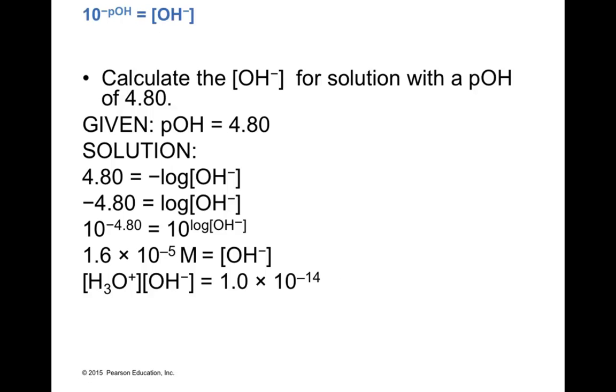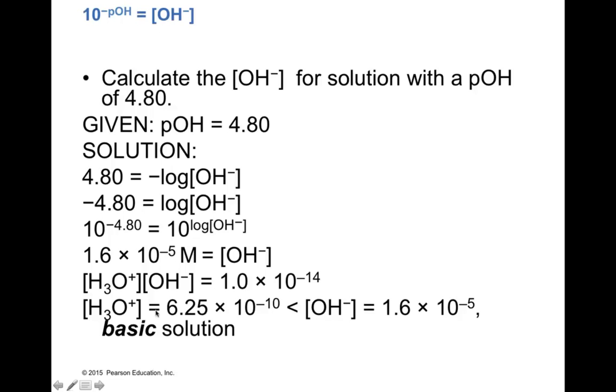So when we use this equation, we can find out that the concentration of the hydronium ion is 6.25 times 10 to the power of minus 10, and this is lower than the concentration of OH. So that means that the solution is a basic solution.